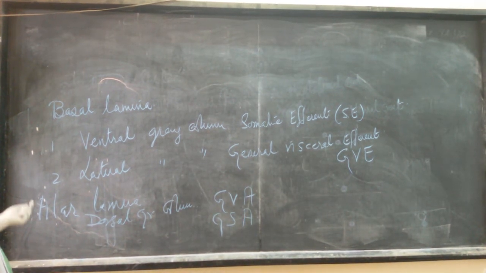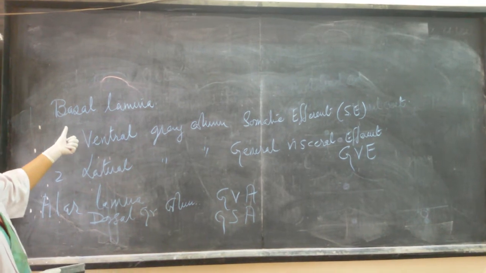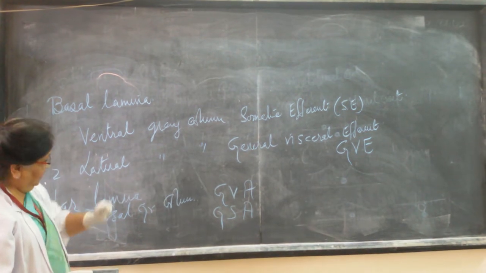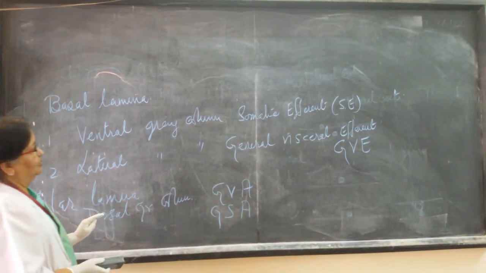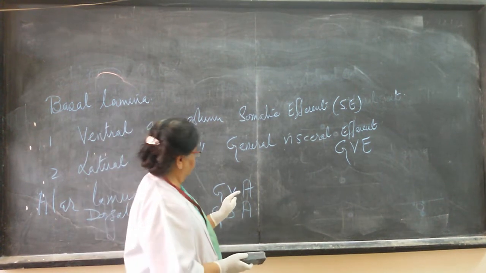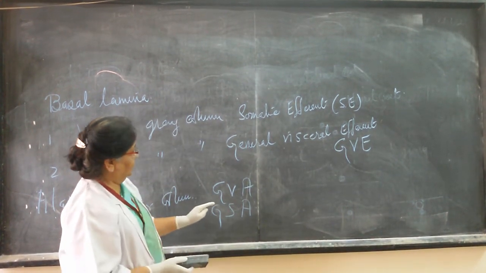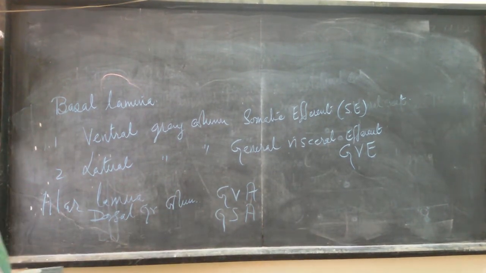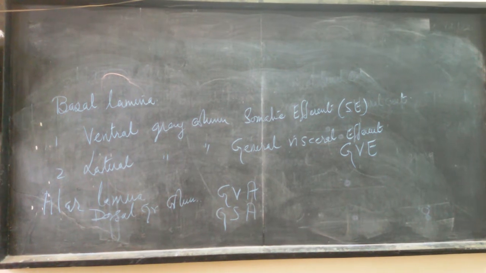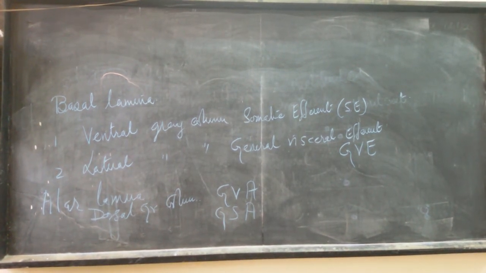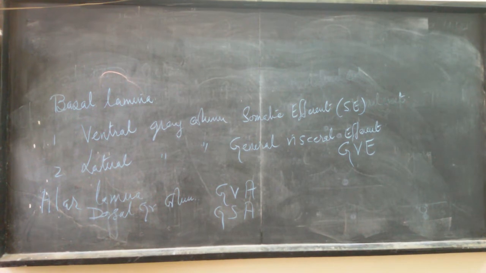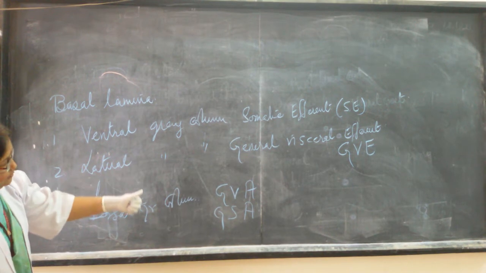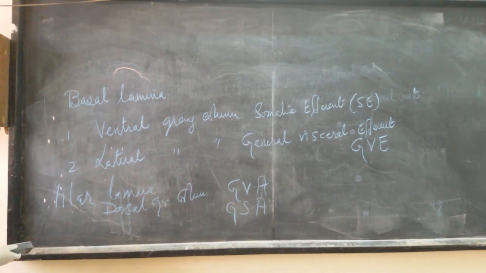In this way, in the spinal cord, the grey columns are subdivided into 4 functional regions: the somatic efferent, general visceral efferent, general visceral afferent and general somatic afferent. These are known as the functional components, and all these functional components are present in all the spinal nerves. You know, there are 31 pairs of spinal nerves, and all the 31 pairs will contain all these 4 functional components.